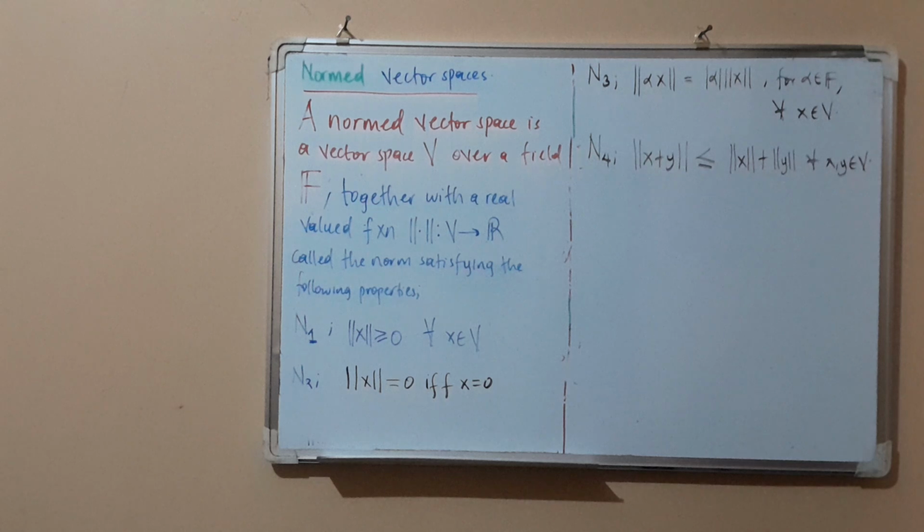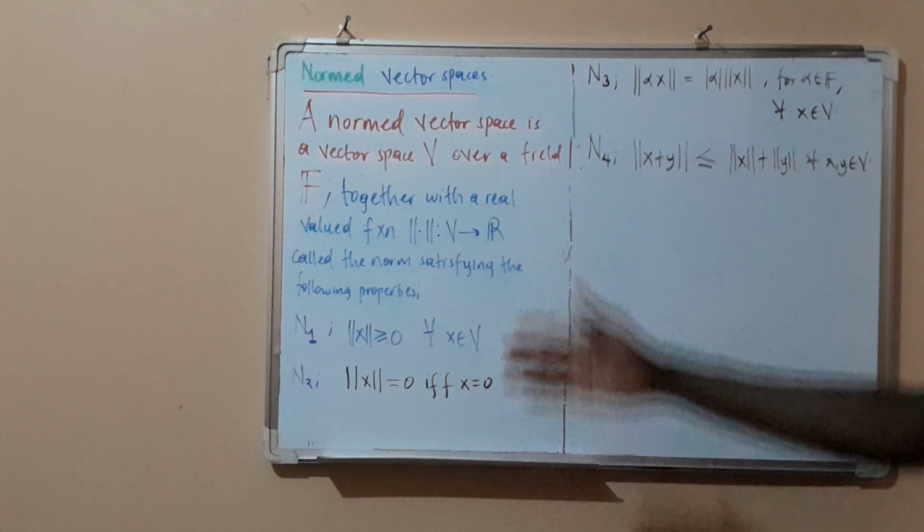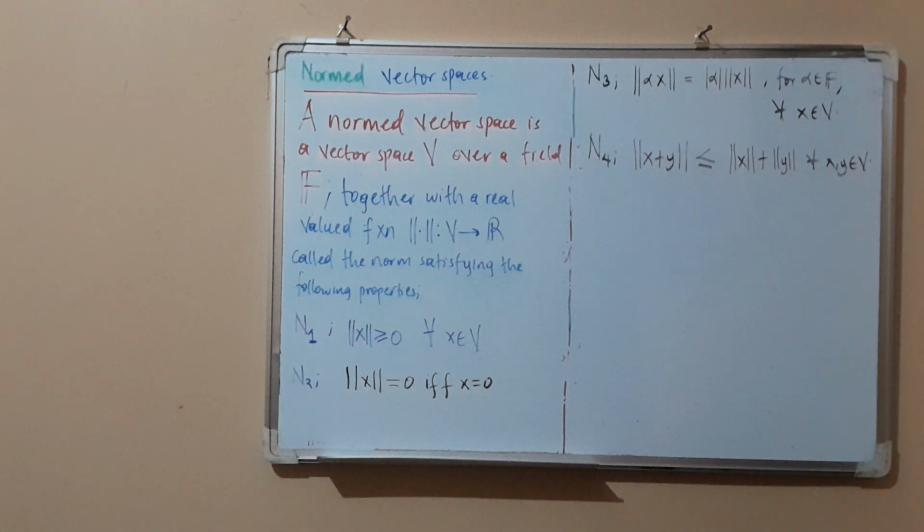If it's a metric space, we are having a set X together with a function which we call the metric. So here we are having vector space V together with a function which we are calling a norm. So a normed vector space should satisfy these four important properties.